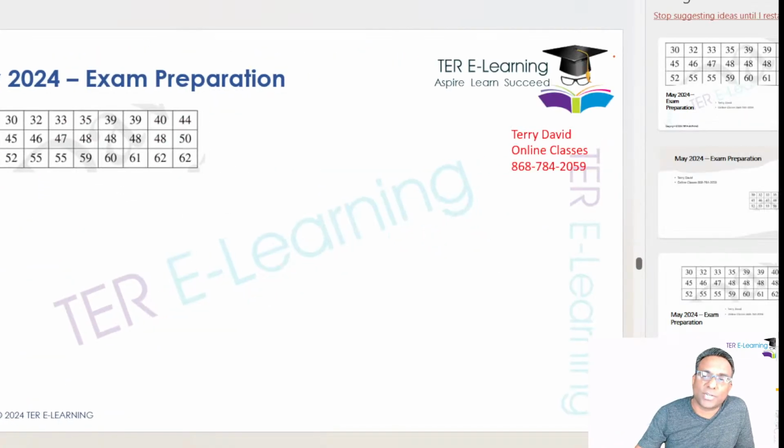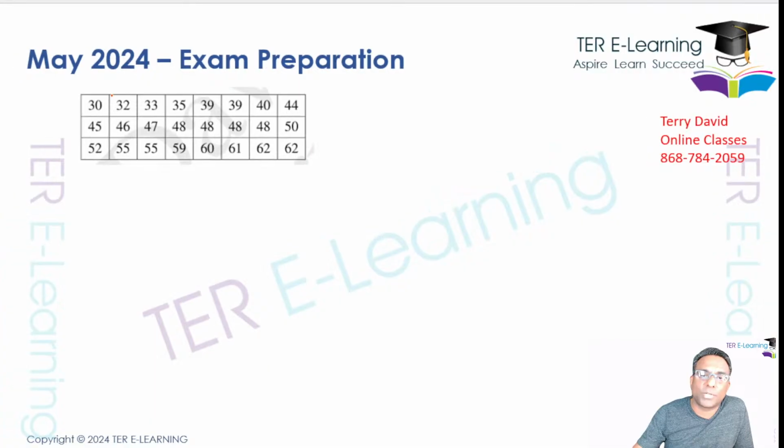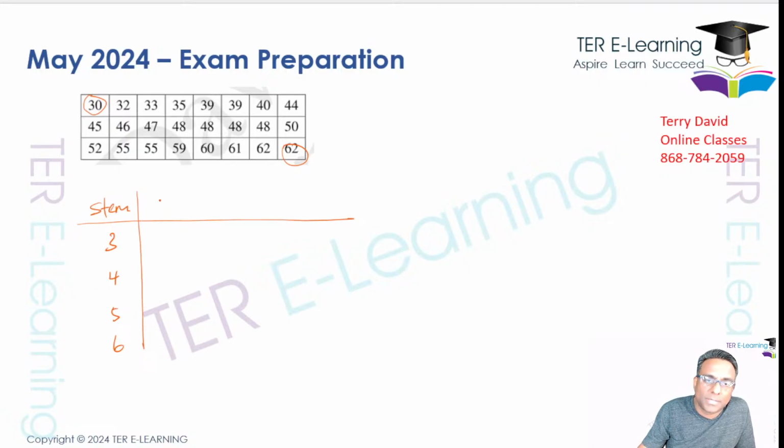When you're constructing a stem and leaf diagram, you need to look at the smallest value and the largest value. Remember for a stem and leaf diagram, you have a stem. In this case we have 30 and we're going up to 62. So therefore 3, 4, 5, and 6. This here will be your leaves.